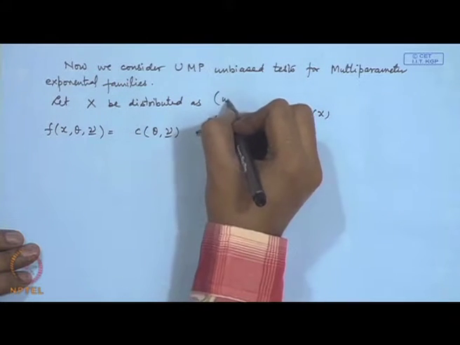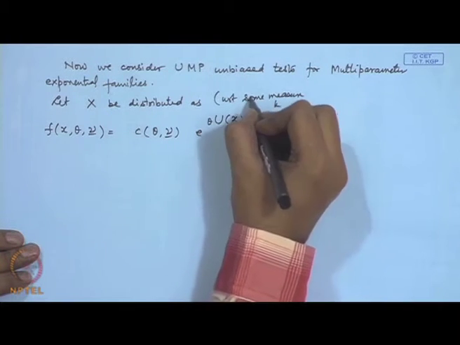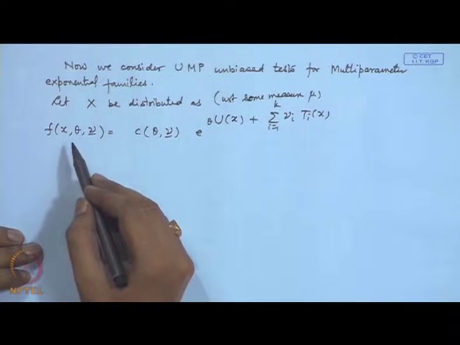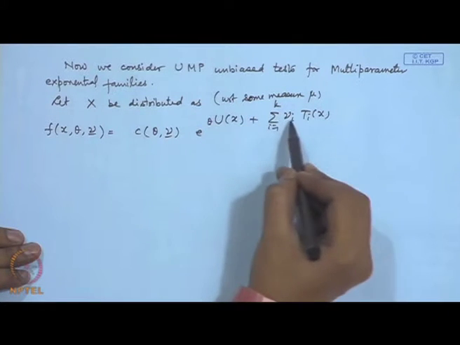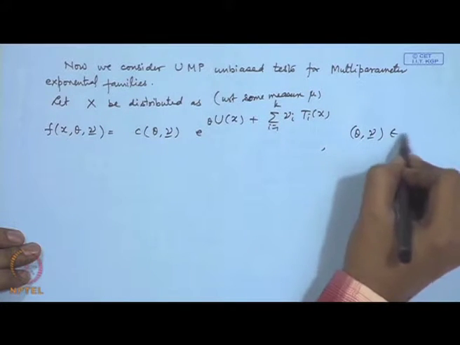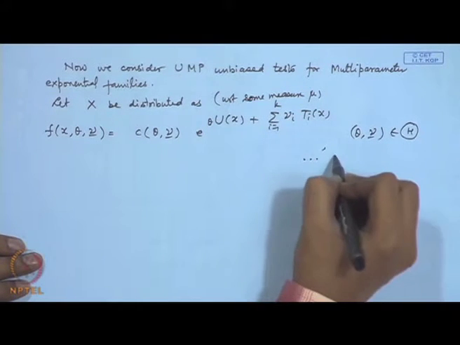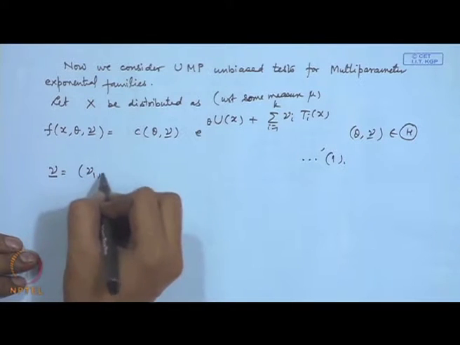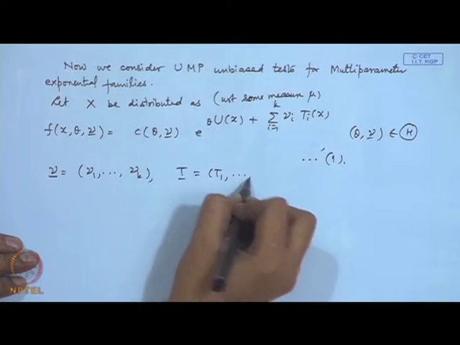Now, this is with respect to some measure mu, because we may deal with discrete or continuous or mixed distributions. So, this is a general form of the probability density. Here you have theta u x plus sigma nu i T i, and this theta, nu belongs to some parameter space, say script theta, let me call it omega. We will use the abbreviated notation nu for nu 1, nu 2, ..., nu k, and T for T 1, T 2, ..., T k.